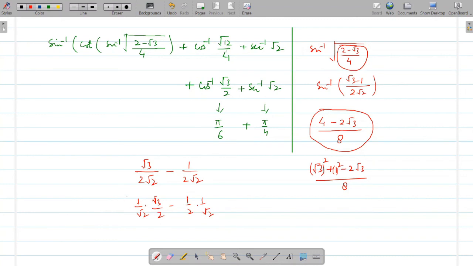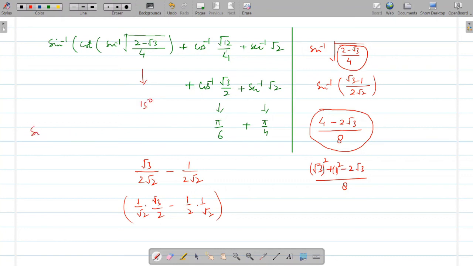So you will automatically see that this becomes 45 degrees, because 1 by root 2 is 45 degrees in this case, and this is 60 degrees for the cos and this is for 45. So that can be written as 15 degrees. So the total value I'll get is 15 degrees.